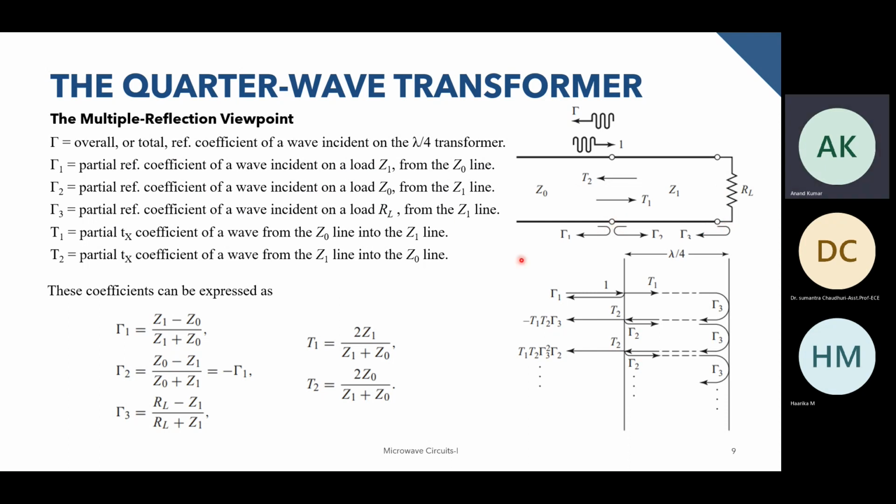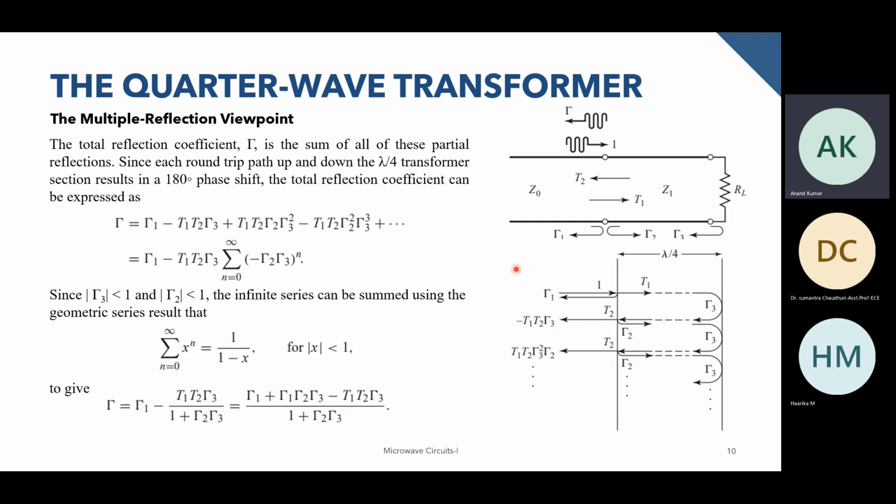Using that, we first wrote down the expressions for the reflection and transmission coefficients, and then calculated the total reflection coefficient. If the wave is incident at this junction, some of it will be reflected and some transmitted. Again, at the second junction, it will be reflected, and at this junction again, some of it will be transmitted and some reflected.